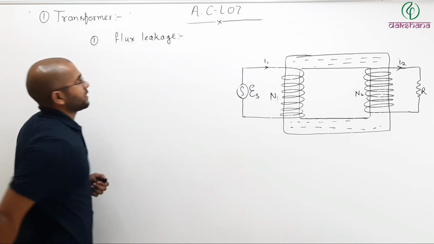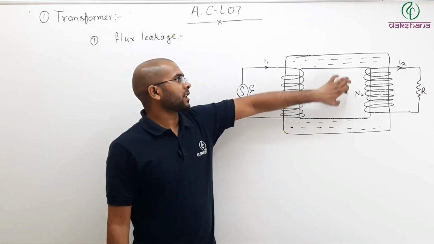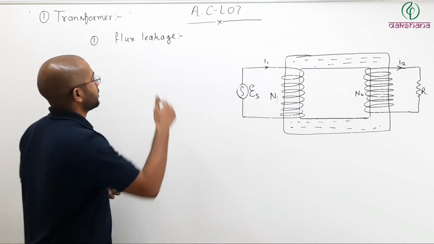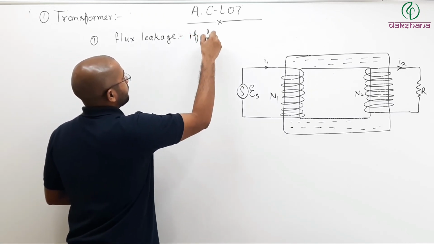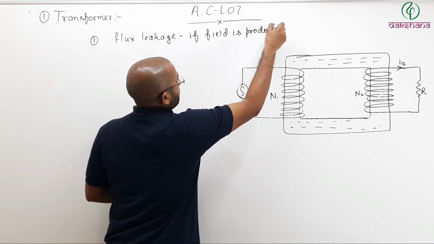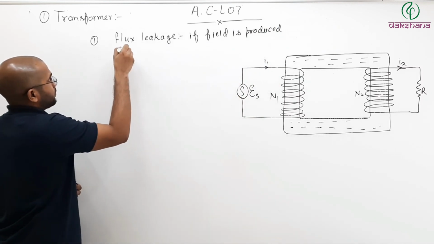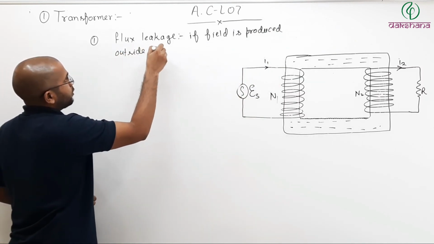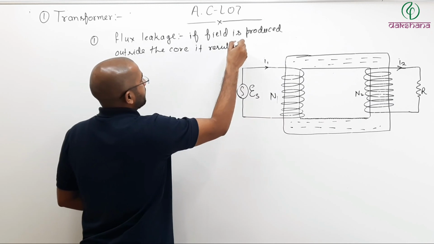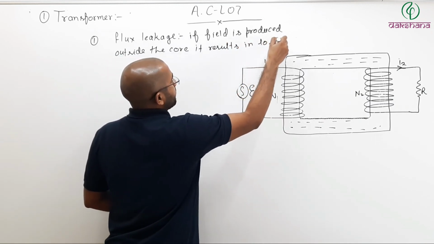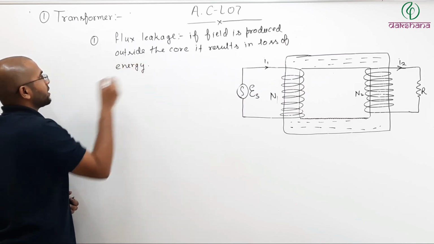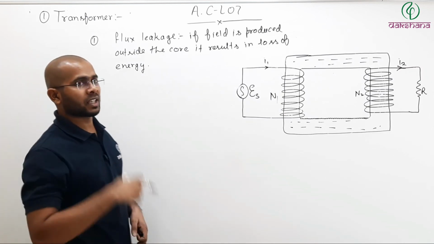Whatever amount of magnetic field is produced outside the core, that energy is lost. So if field is produced outside the core, it results in loss of energy. So that is one way in which energy is lost in the case of real transformers.